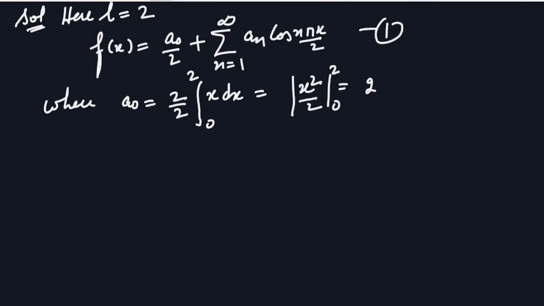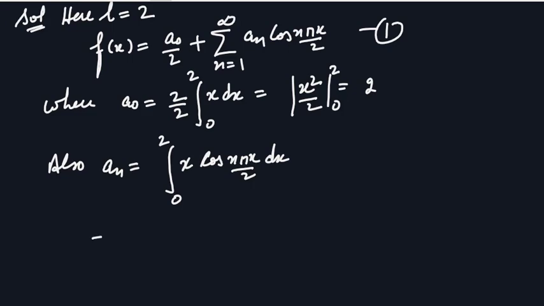Now we will get the value of an. Also an is 2 by 2, which is 1, integral 0 to 2, x cos of n pi x by 2 dx. Again u v, first function as it is, integration of cos is sine of n pi x by 2 divided by n pi by 2.